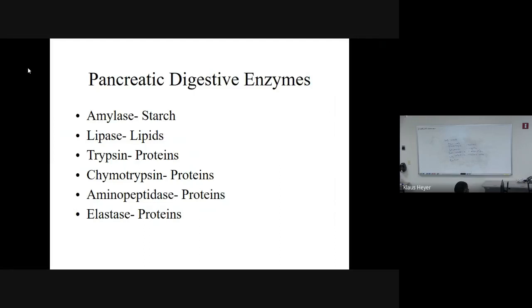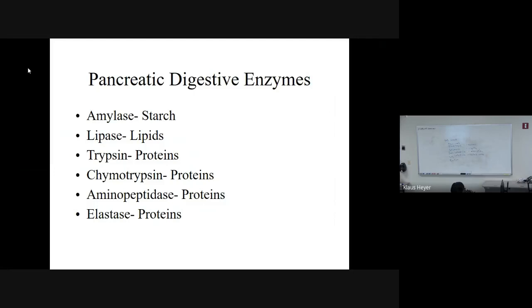So you see we have 5 out of 7 enzymes that deal with proteins. Proteins are very satiating. If you're looking for something that makes you feel full, so you're not hungry as fast, you always go for a protein.